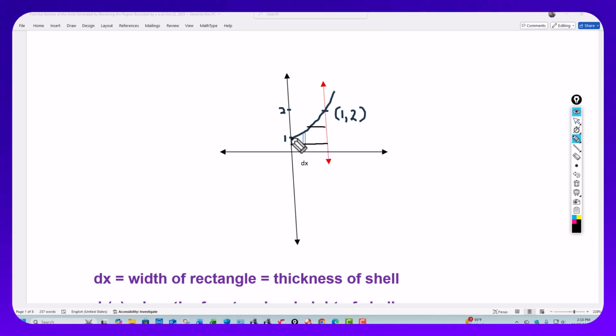equal to 1, and for the second region, R again will be 1, but this time little r would be this distance, which will be 1 minus this distance, so it'd be 1 minus x.